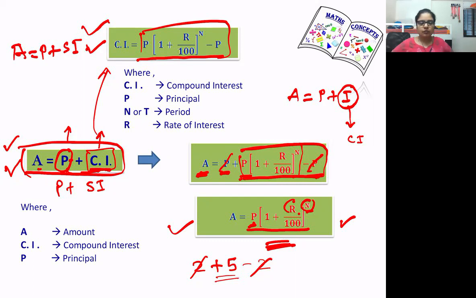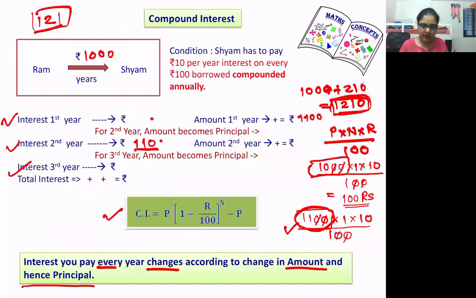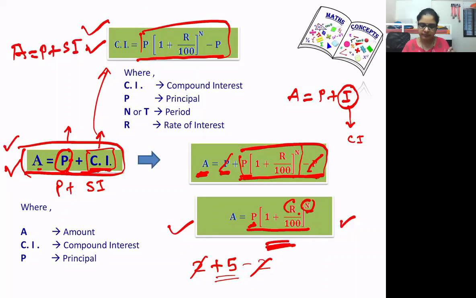Now, I want all of you to write down these formulae. Have you written the formula for simple interest? SI equal to PNR upon 100.